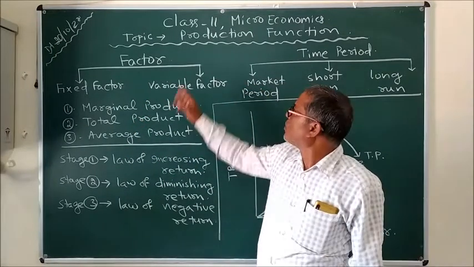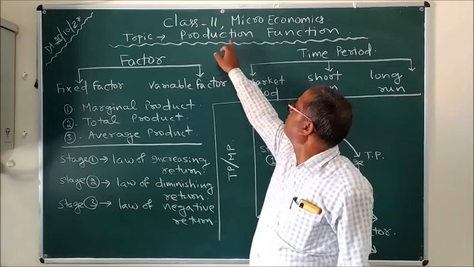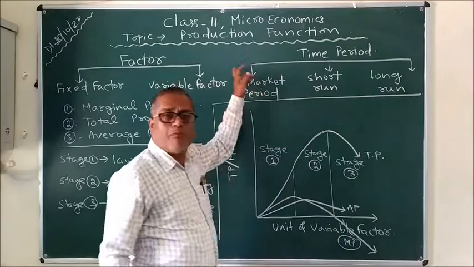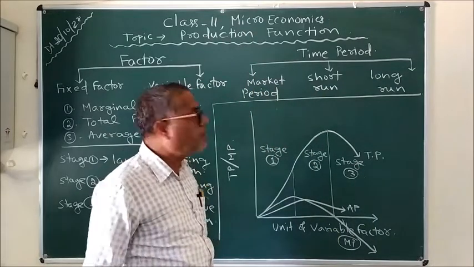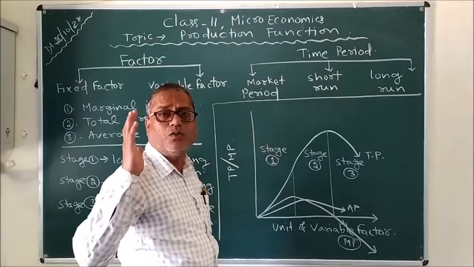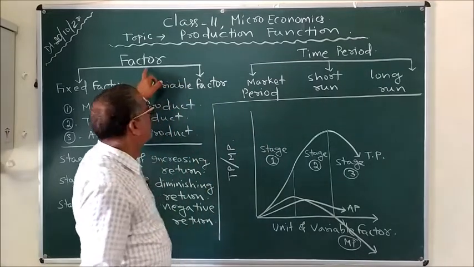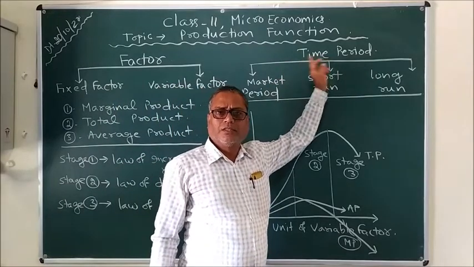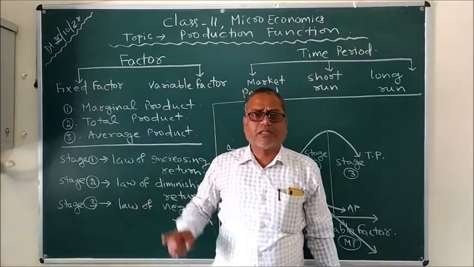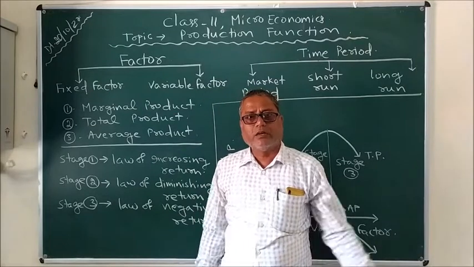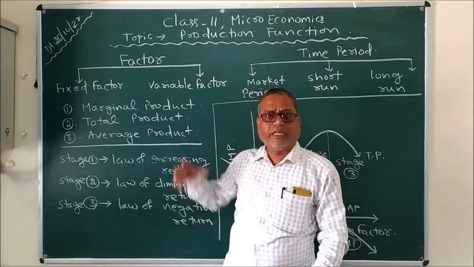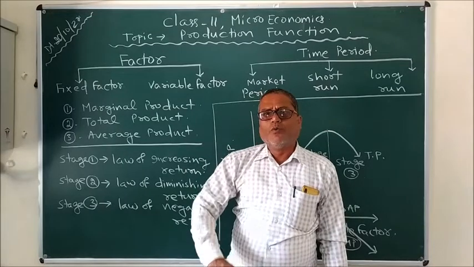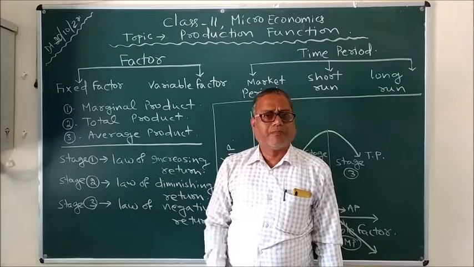So after discussing the meaning of production function, now a couple of more basic terms we need to understand, and those are factors and time period. Just we discussed about factors. Factors is nothing but input that we assemble, that we work on, and by adding value we increase its want satisfying power.